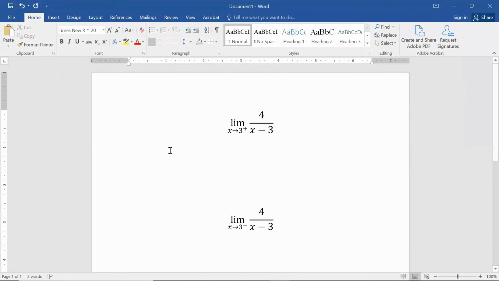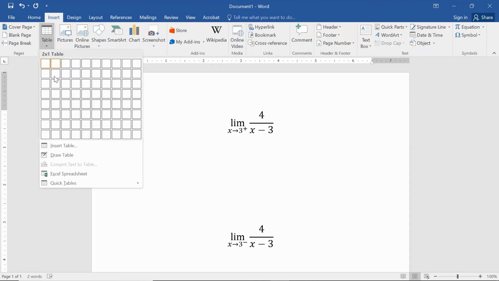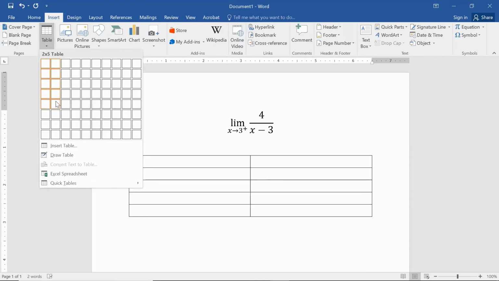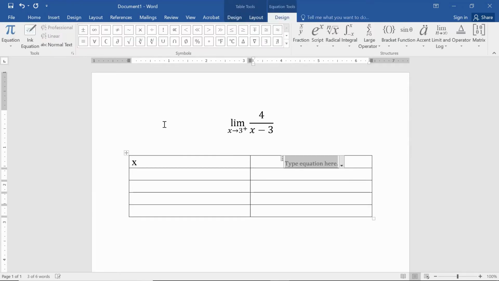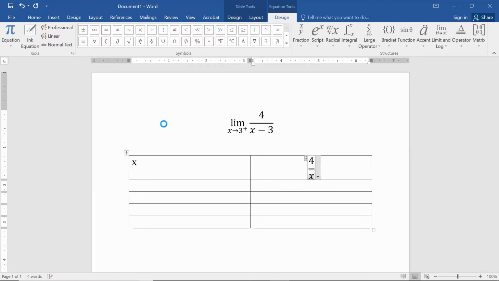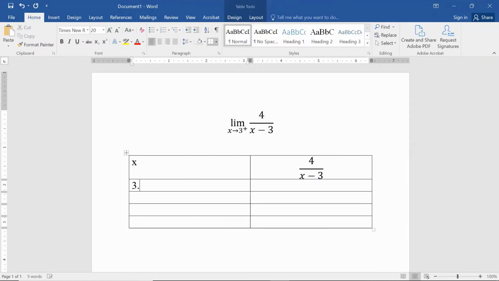I hope you recall how to do the numerical approach. If not, go refresh on that from a previous section. So I am going to insert a table, and as my x value approaches 3 from the right, I'm going to use x values which are above 3.